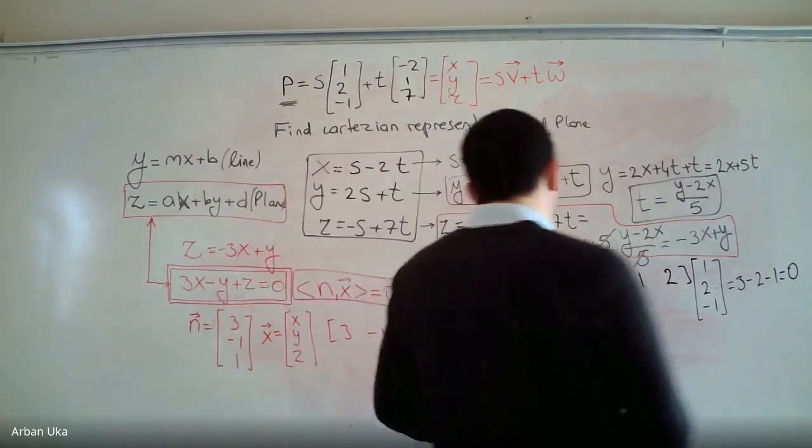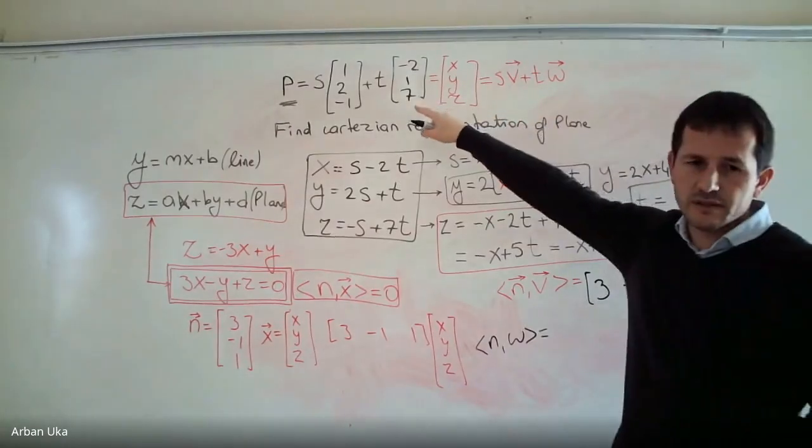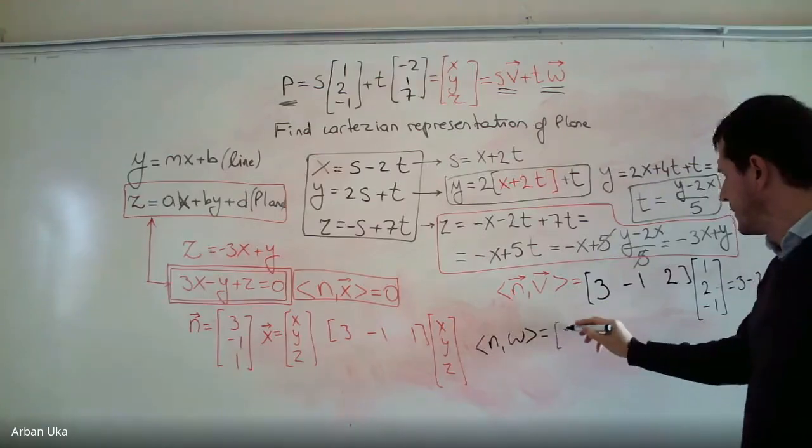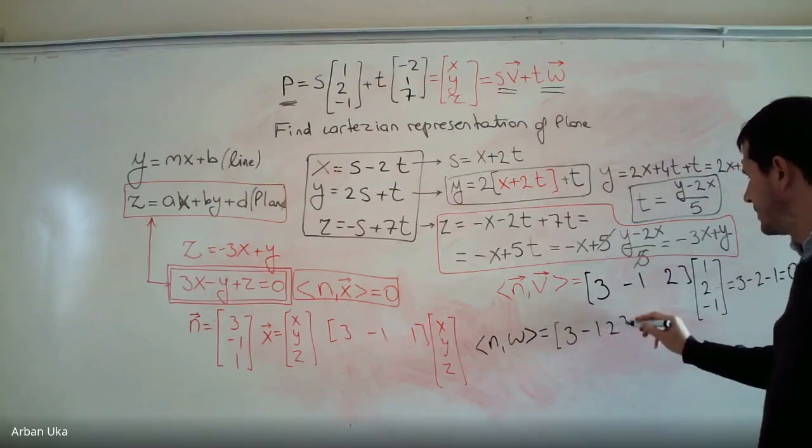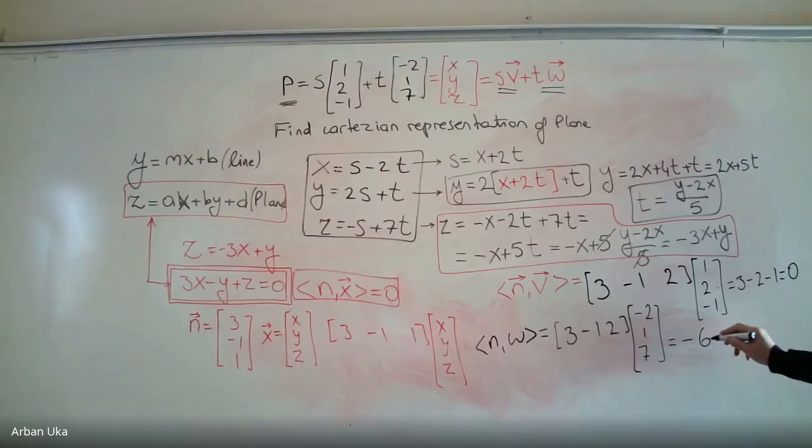Well, W is right here. Then the product is the transpose of n, which is (3, -1, 2), right? Yes, and W is (-2, 1, 7). Then we have minus 6, minus 1, plus 14.